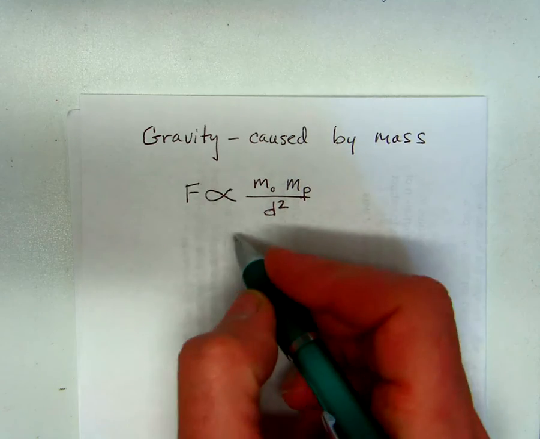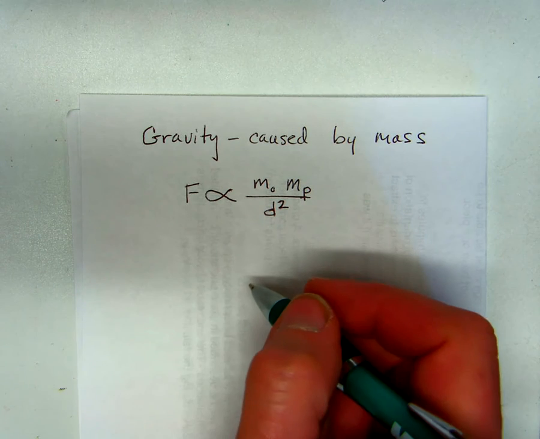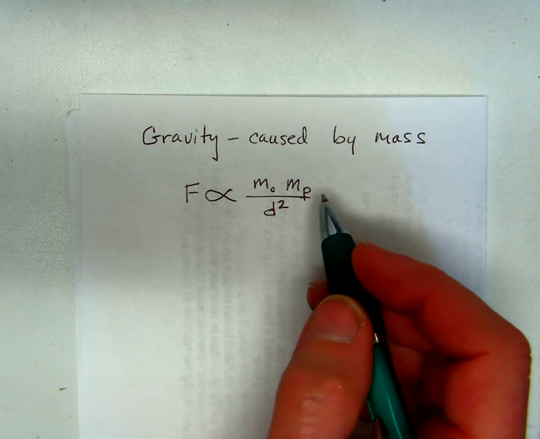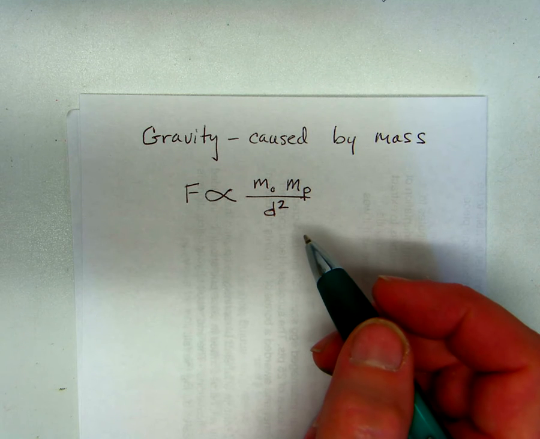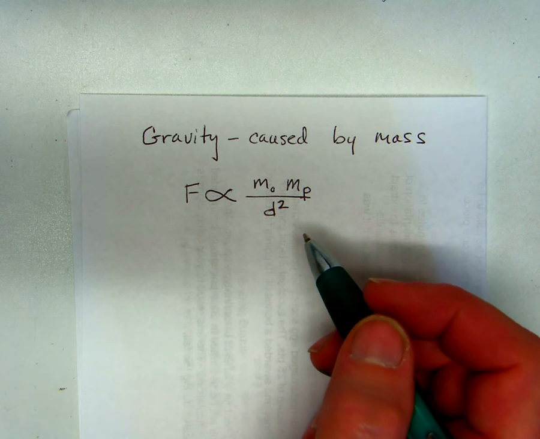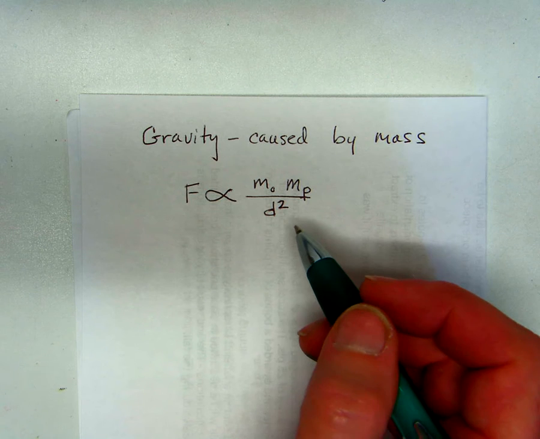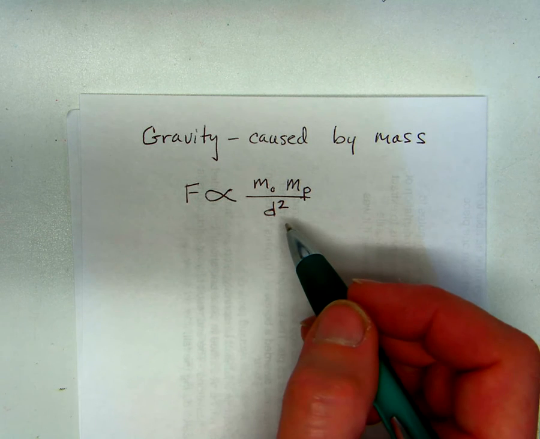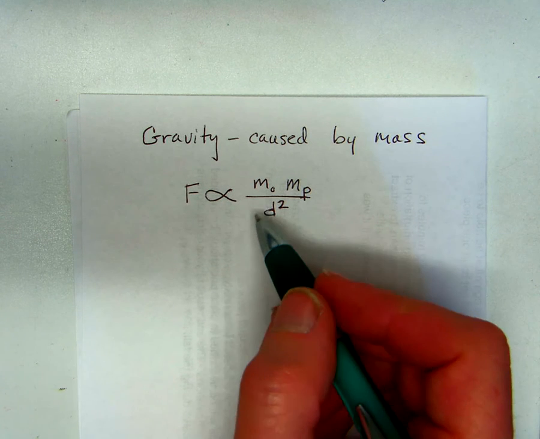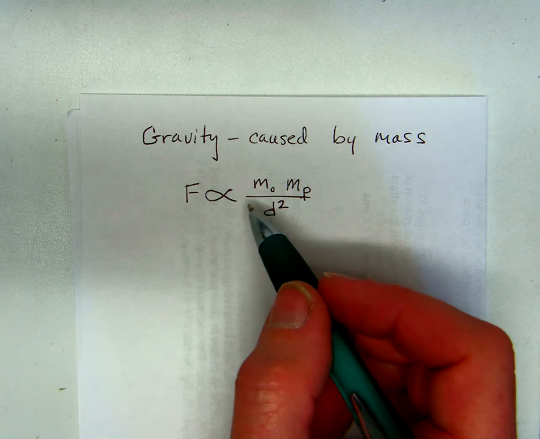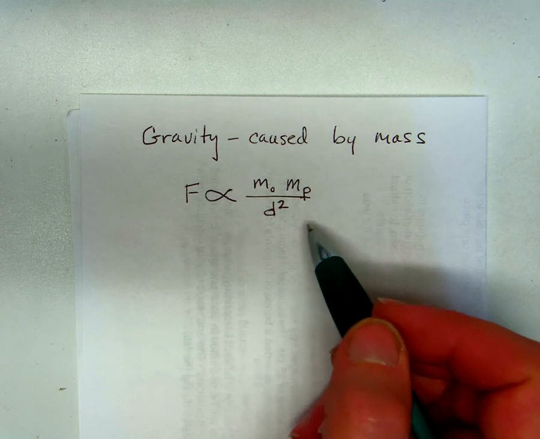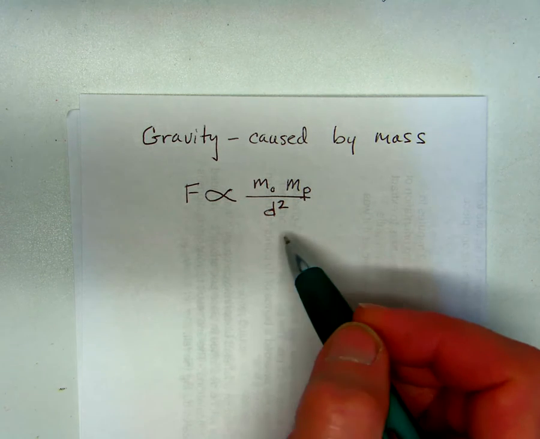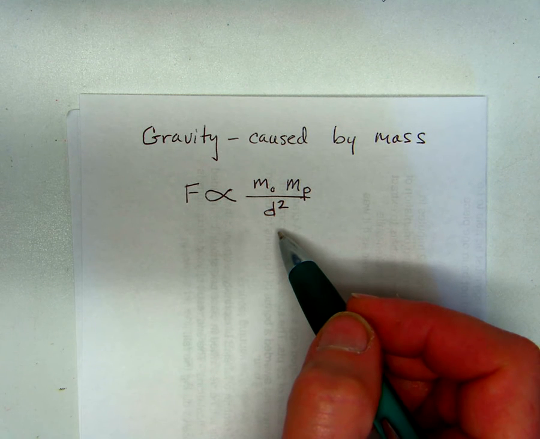All right. So Isaac Newton is the one that put together our formula for gravity. He's the one that described it really well the first time. So this was pretty much what he said, that the force of gravity depends on the mass of the object, the mass of Earth, and the distance between those objects.